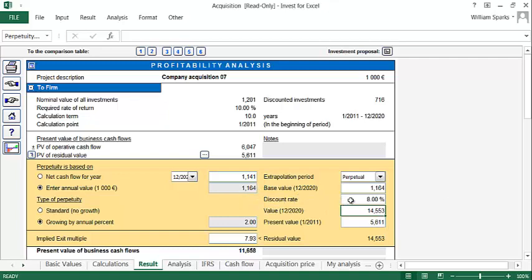One number divided with another number. And no, it's actually this particular case it's 1164 because we have selected that one. 1164 divided with 0.08. Yeah.